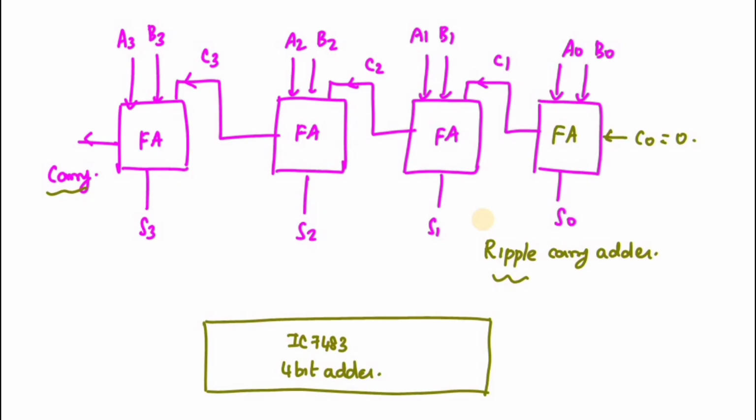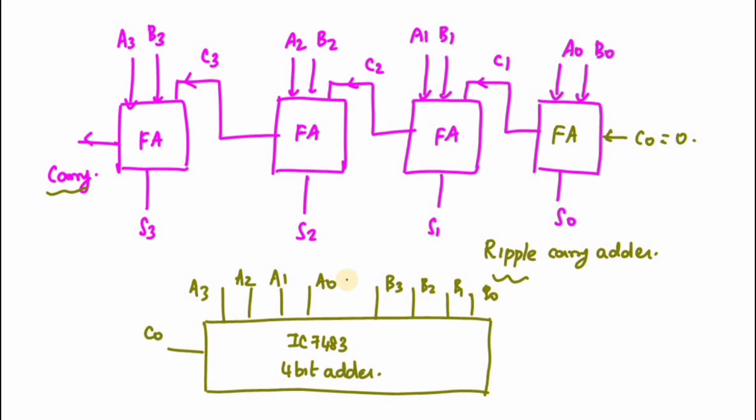Let me take the IC 7483 pin diagram. I'm going to write it. You have A3, A2, A1, and A0 values, and you have B3, B2, B1, and B0 values, right? And the input is C0.